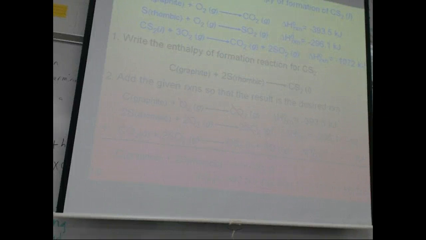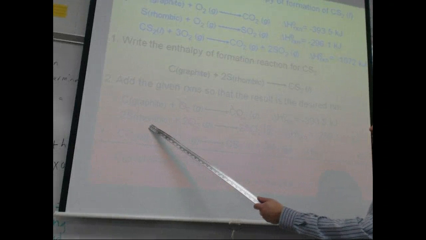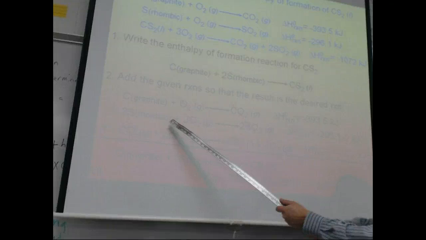Why, when you add the given reactions, is it 2S and then 2O2 and then 2SO2? Where did you get that from? Why is there 2S? Like there's only one on the very top. Because I doubled it.